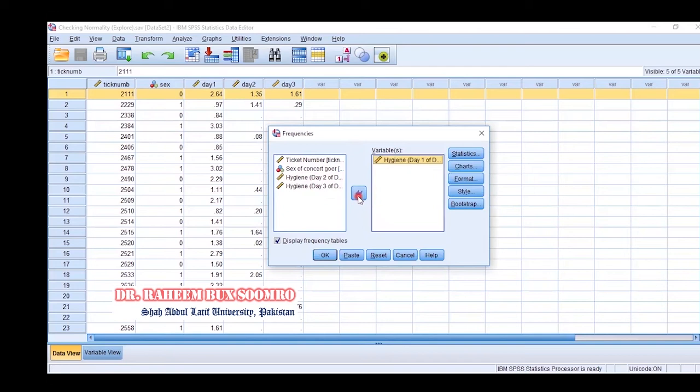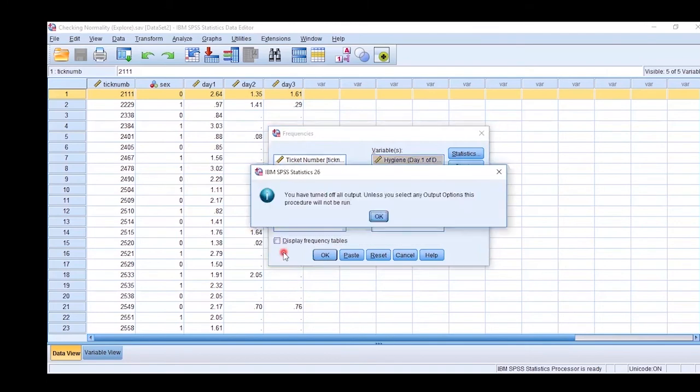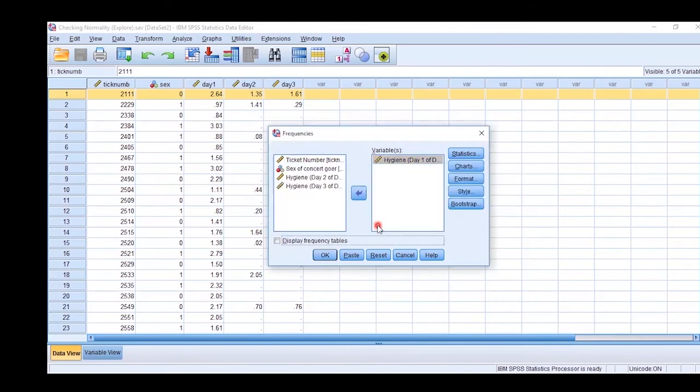Here some menus are given, especially this one. You are required to uncheck it, because if you check it, it will provide many unnecessary details. You already know about all these details. In order to save your time, please uncheck it, and then go into Statistics.